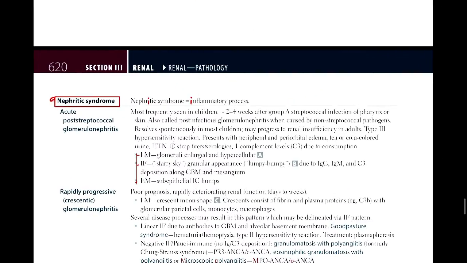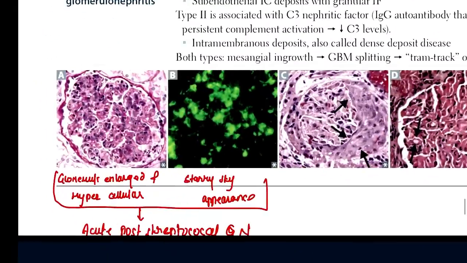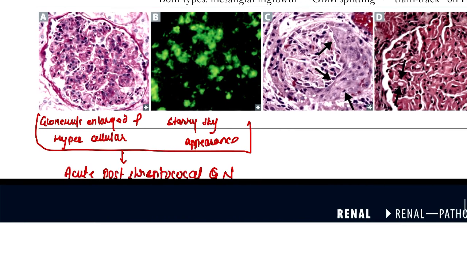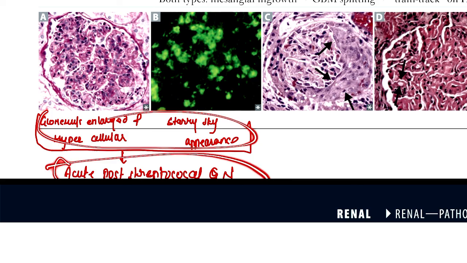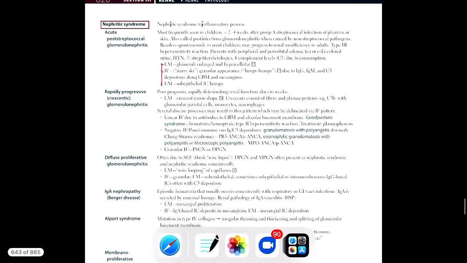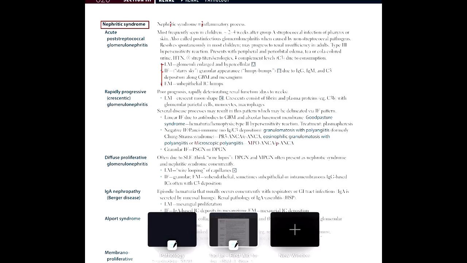Now let's see. Yes, we discussed these things. Now let us move right here. Yes, this is the same thing. This is our glomerulus, which is enlarged because it is hypercellular, because of proliferation. And what is this? These are the starry sky appearance. And these are found in acute post-streptococcal glomerulonephritis.